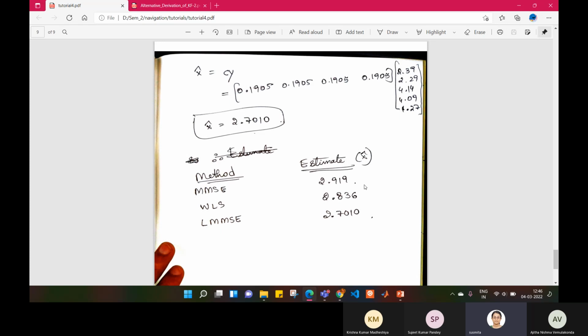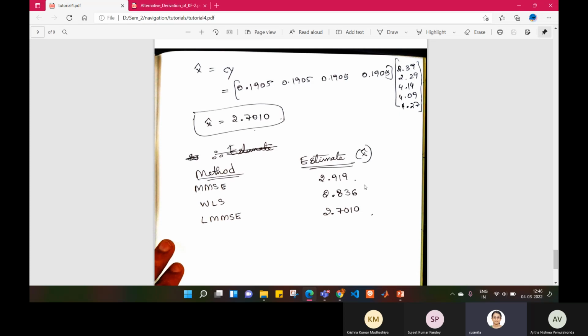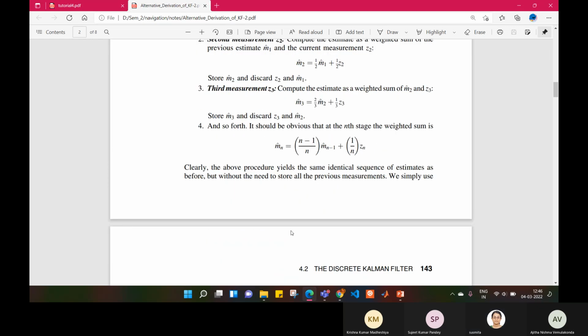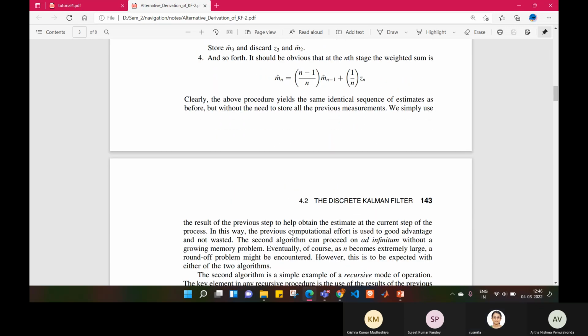Okay, for the Kalman filter, where are you stuck? Actually, to be honest, I'm not able to clearly understand how to proceed forward.